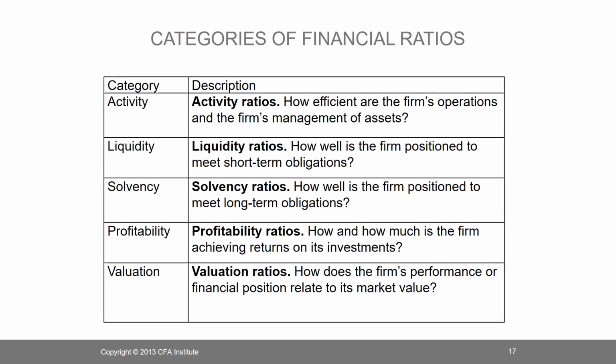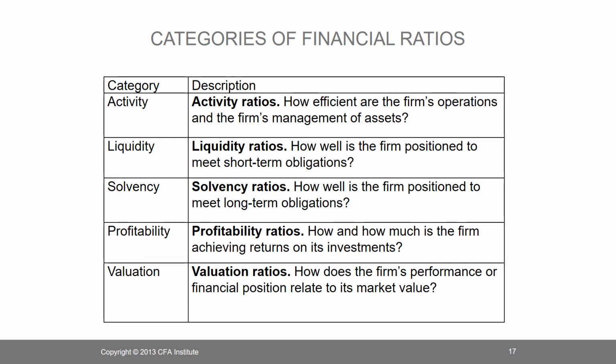On this slide, you see the five main categories of financial ratios: activity, liquidity, solvency, profitability, and valuation. Activity ratios try to gauge how efficient the firm's operations and the firm's management of its assets are.